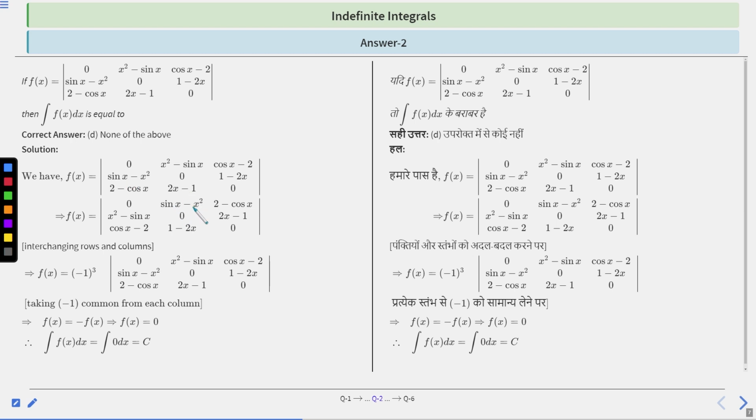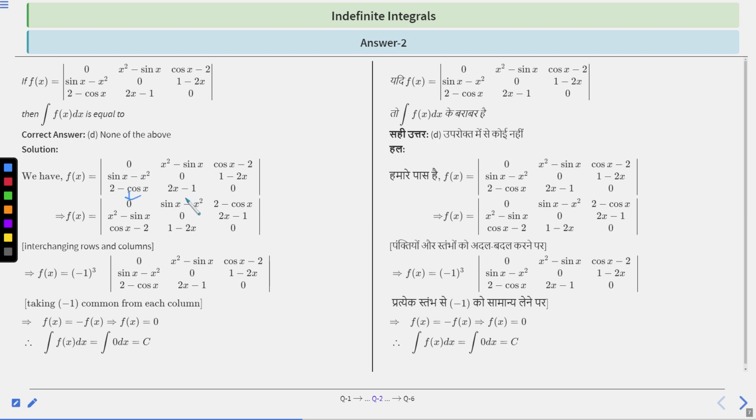So, 0, sin x minus x squared, 2 minus cos x; x square minus sin x, 0, 2x minus 1; cos x minus 2, 1 minus 2x, 0. Now, if we take minus 1 common from each column, right?